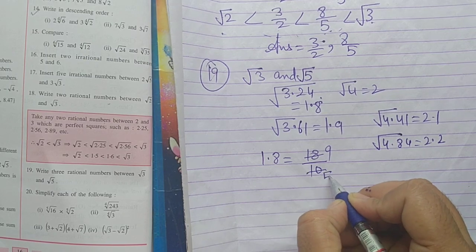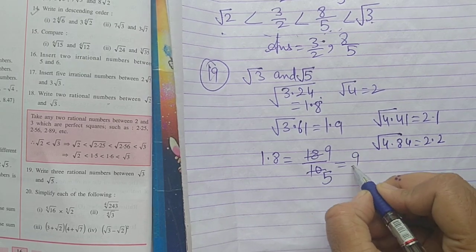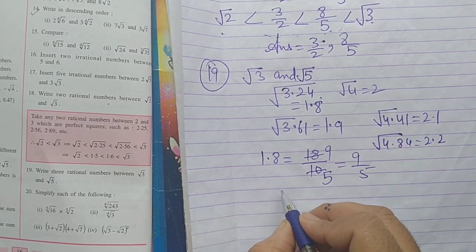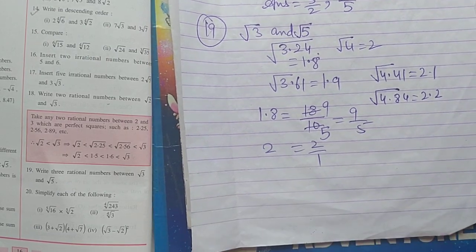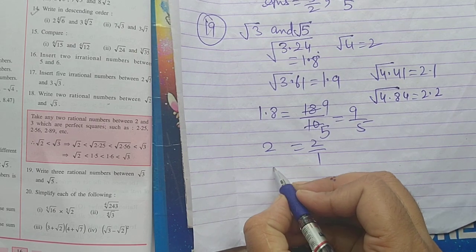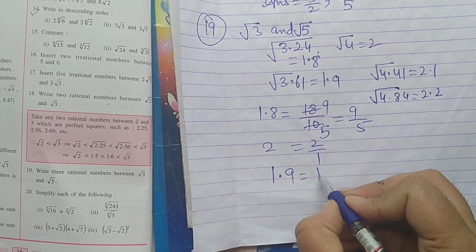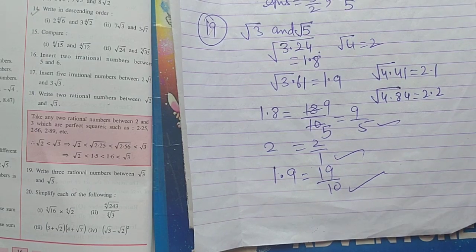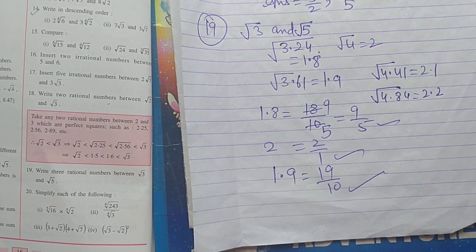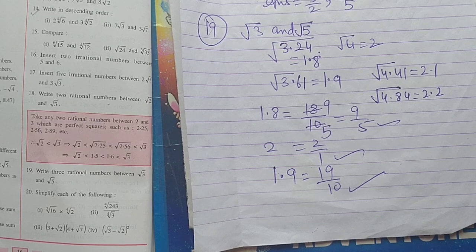Then cancel it with the table of 2, 9 upon 5. Then 2 we can write as it is, 2 upon 1. Then the third number, 1.9 is equal to 19 upon 10. So these are the 3 rational numbers which exist between square root of 3 and square root of 5.